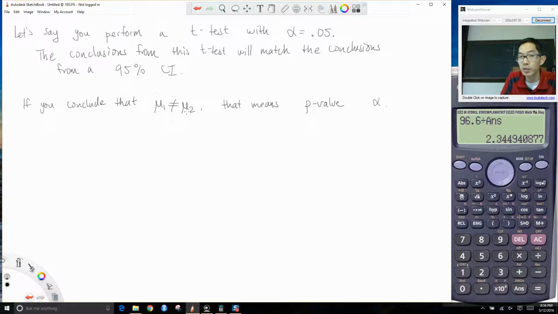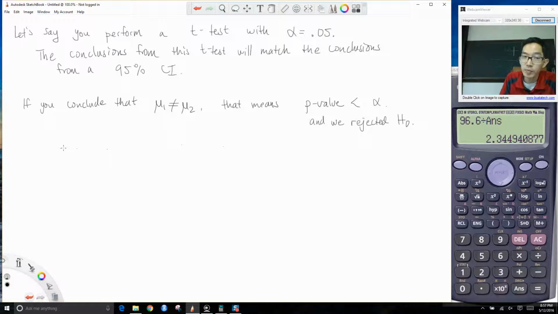We've come to conclude that mu1 and mu2 are different, so it means that our p-value was less than alpha, and we rejected the null hypothesis.